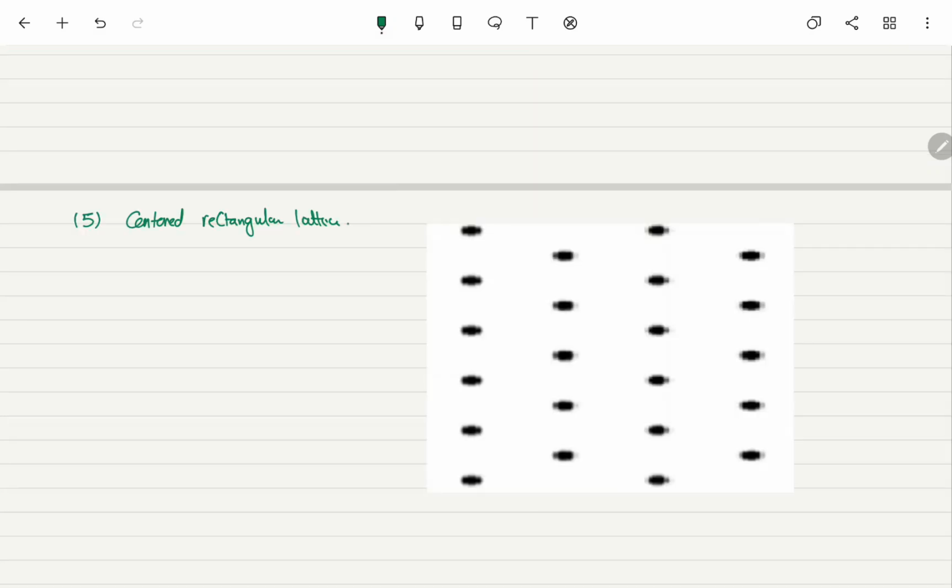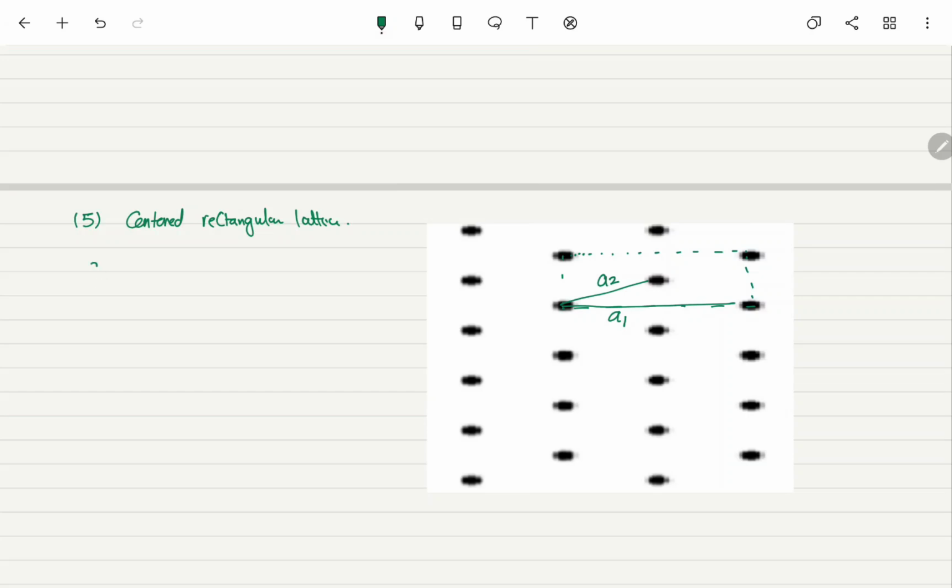The last type of two-dimensional lattices is the centered rectangular lattice. From its name you can tell it's a rectangle, this one here. A1 is this one here, and A2 is this one here.